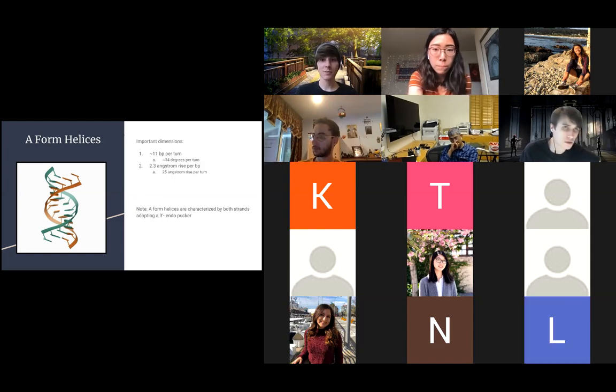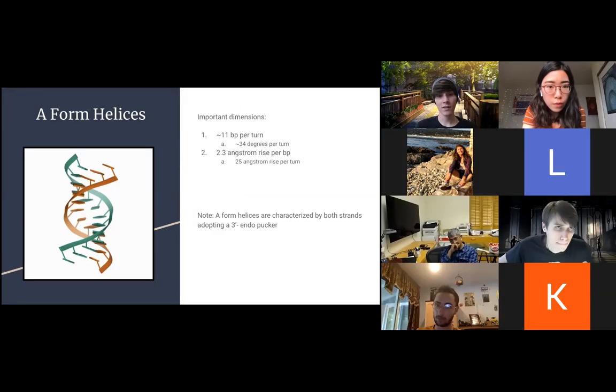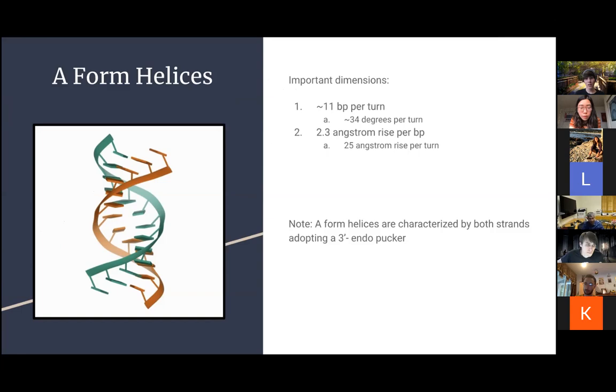Wait, I actually do have a question. Why is the rise per base pair different if it's still based on van der Waals interactions? Let me just come in here because I think this is a little confusing, and it's because the bases are not perpendicular to the helix axis.